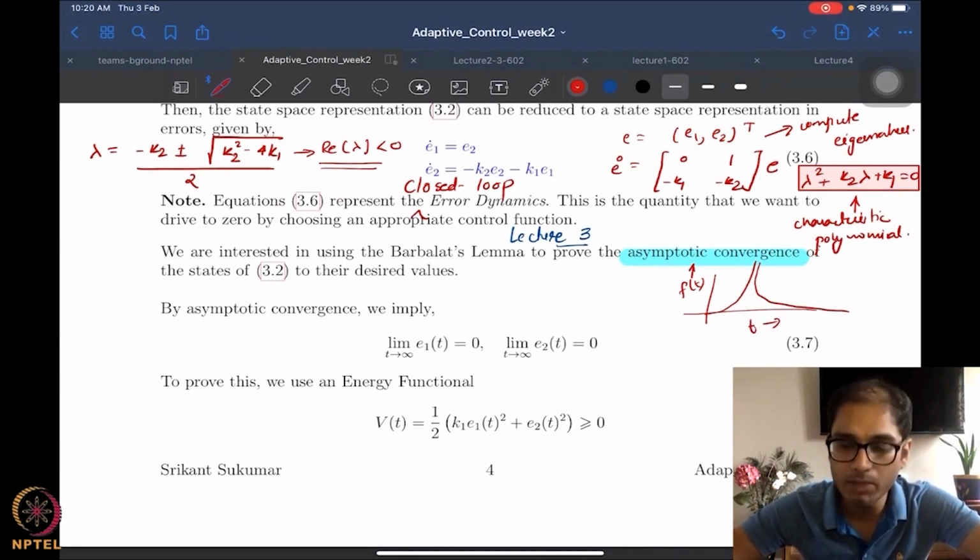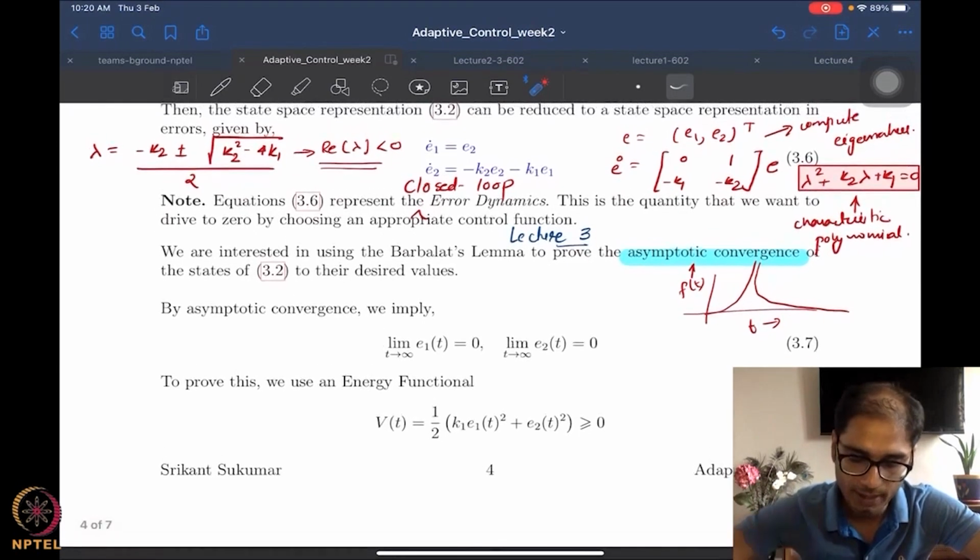So I want you to remember that Barbalat's lemma only helps you prove asymptotic convergence. That is, it tells you something about the behavior as time grows large. Excellent.